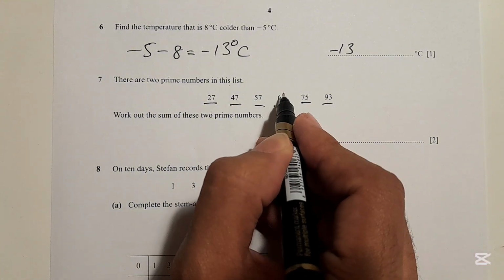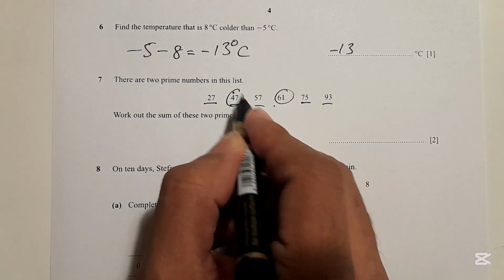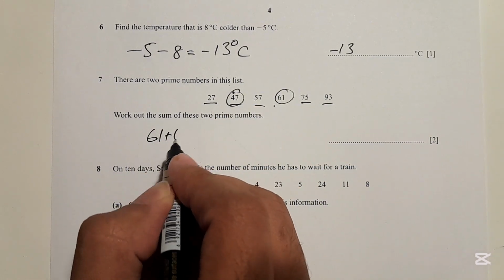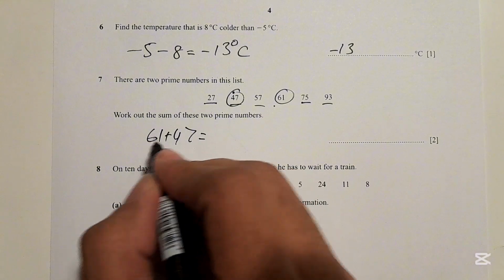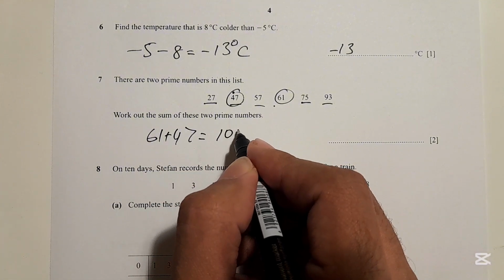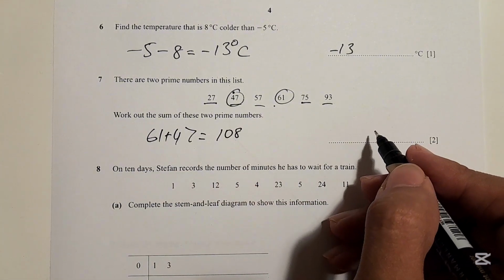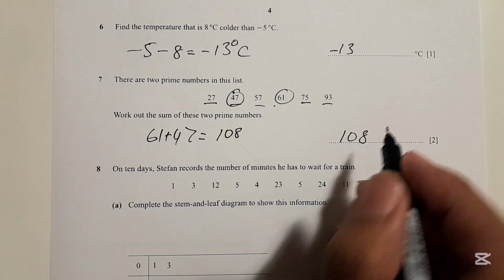So we are left with 61 and 47. So 61 plus 47 will be 108. So 108 will be the final answer for question 7.